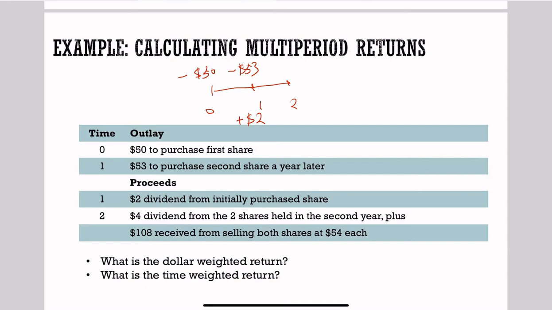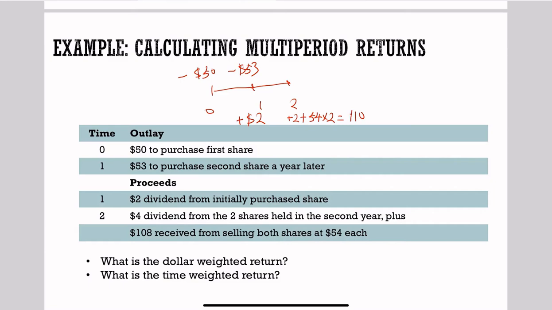So now you will get a $2 dividend again, plus selling of 2 shares at $54. So you will have, let's see, what's the number here? 110, right?